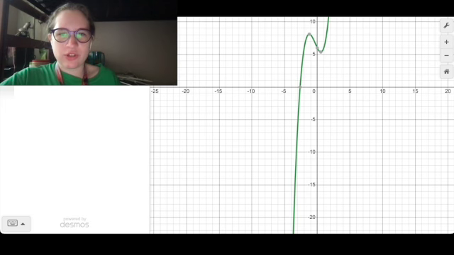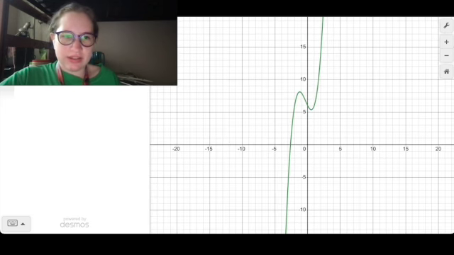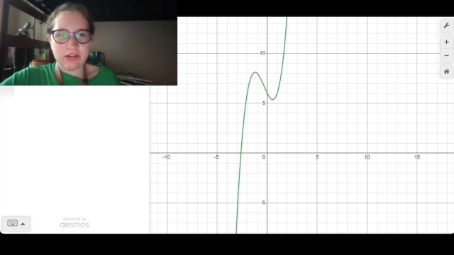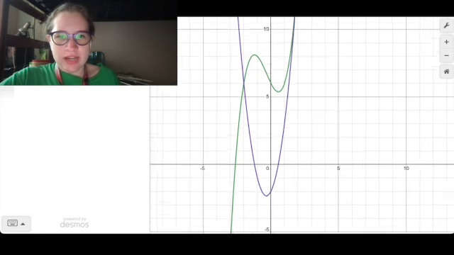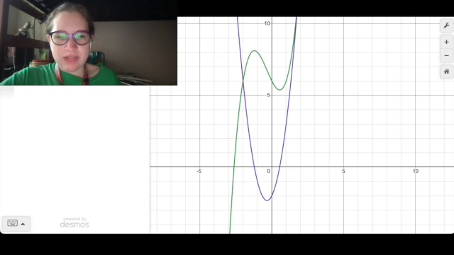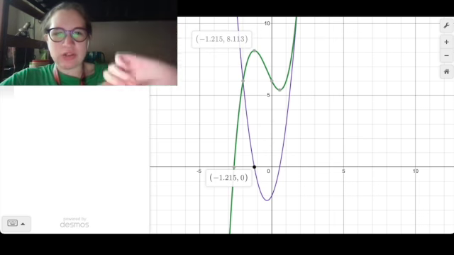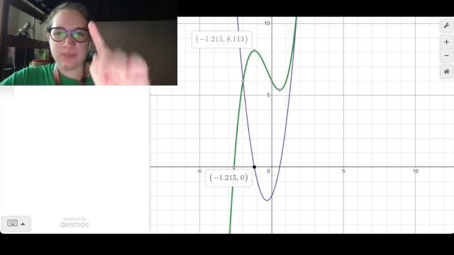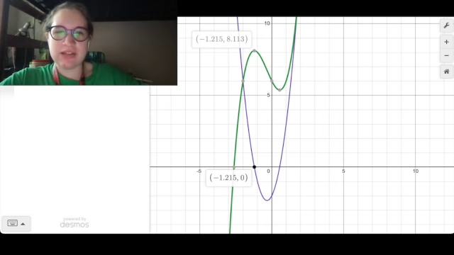Here's our original function, and it looks like this. And then here's our derivative, which, as you can see, has roots where these two x coordinates match up, telling us that the original function has a maximum at the same point where the derivative has a 0.